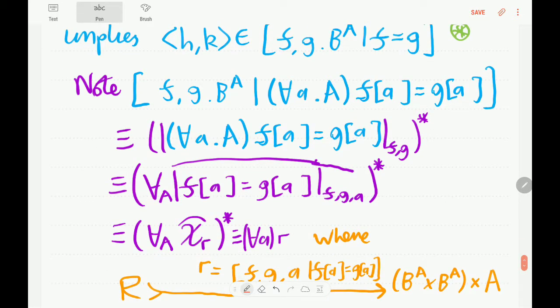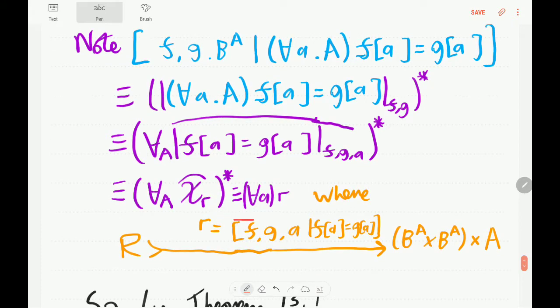So it's going to be for all subscript A of the transpose of the interpretation of evaluation of f on a equals evaluation of g on a. That's interpreted over f, g, and a, and then we can transpose it, and then we do that for all a arrow, and then we find a subobject classified by that.